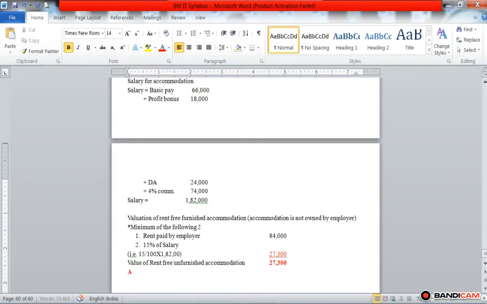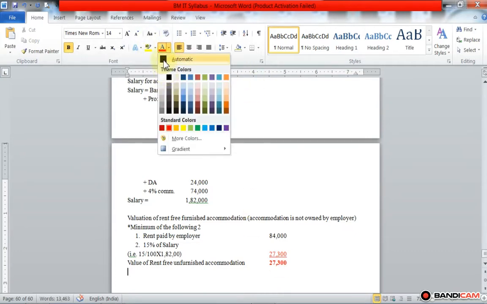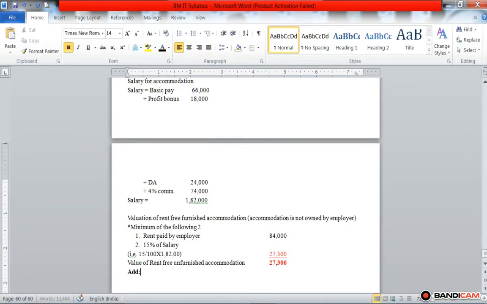Now we add the 10% cost, add the value of furniture. Value of furniture which is given.